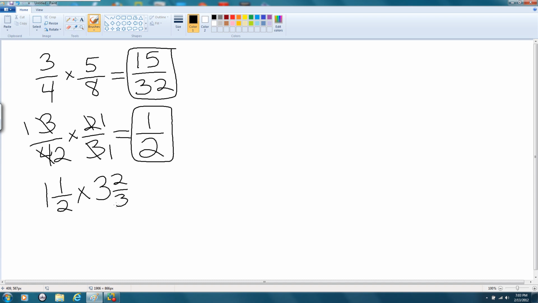The absolute rule with either multiplication or division of fractions with mixed numbers is that you must first convert the mixed numbers to improper fractions. So again, with multiplication and division with mixed numbers, you must change the mixed numbers to improper fractions.